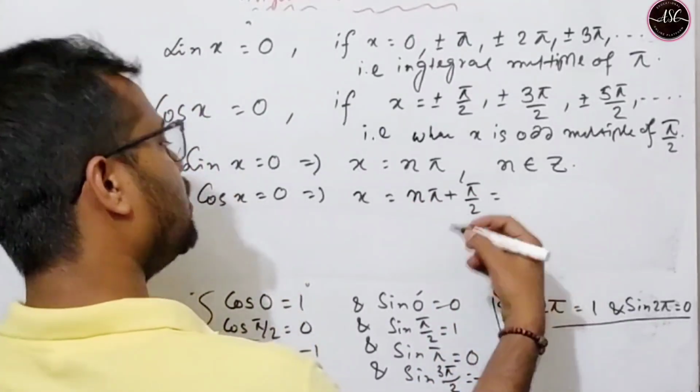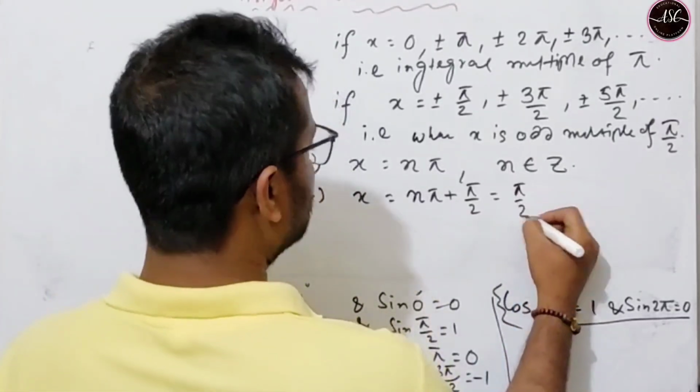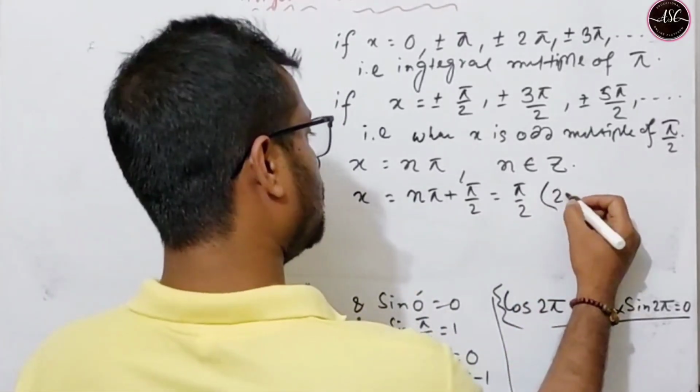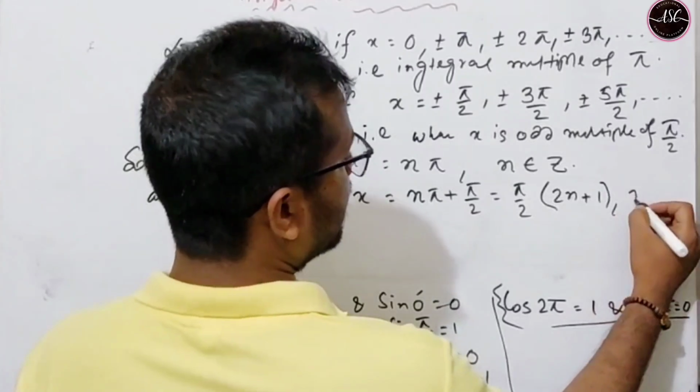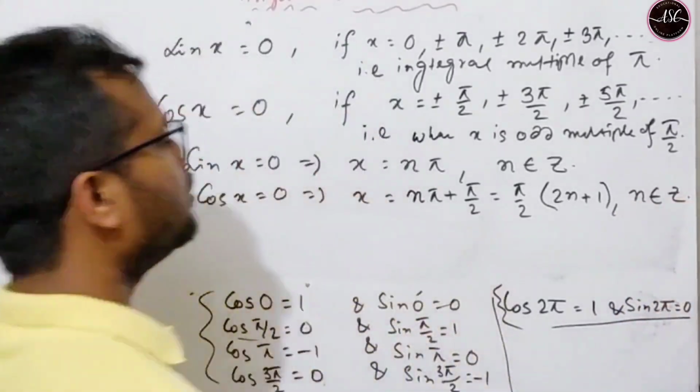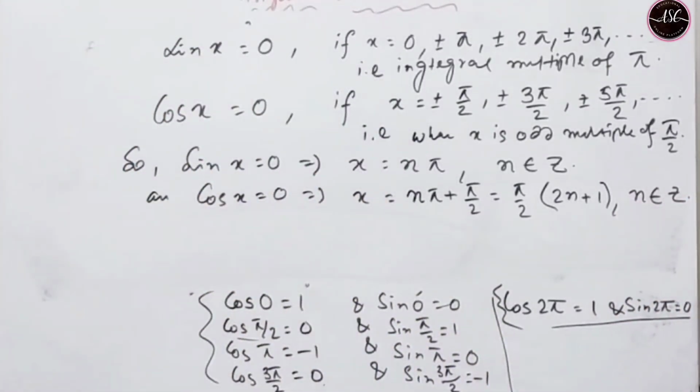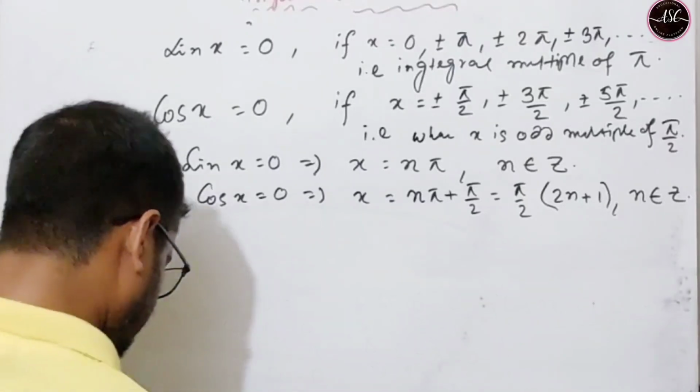That means if we take pi by 2 common, we get 2n plus 1 into pi by 2, when n belongs to Z. So this should also be remembered.